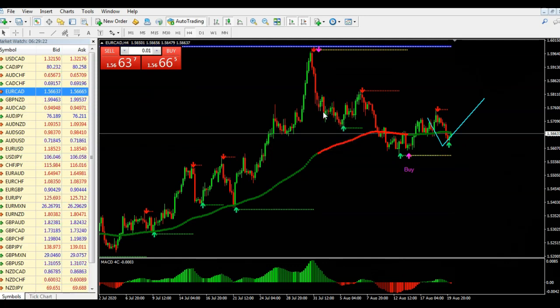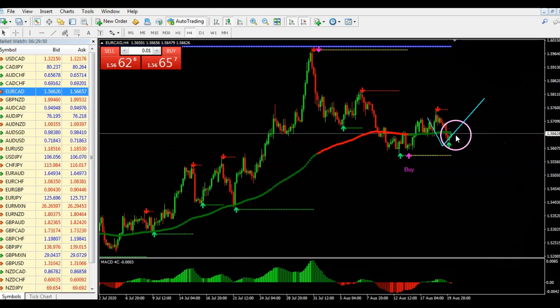Okay, on the EuroCAD, we were around this area. I said in the video that the market was still going to move a little bit higher than this, which it did. And now it's coming down, which was this predicted move. And now we're predicting that the market is going to go up. Now, keep in mind that we are going against the master trend again.